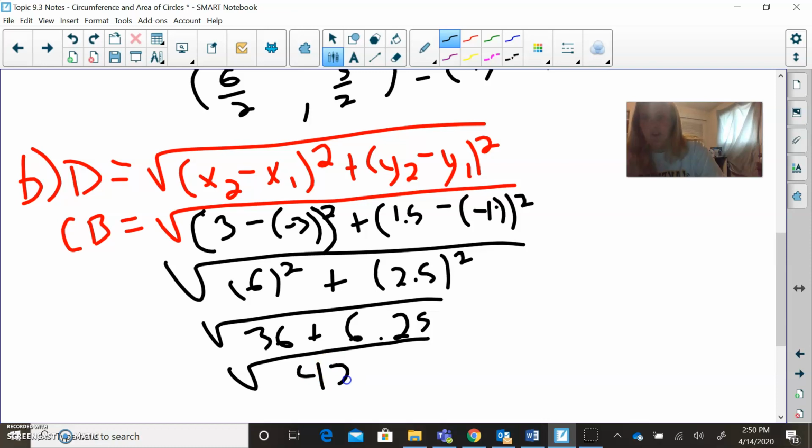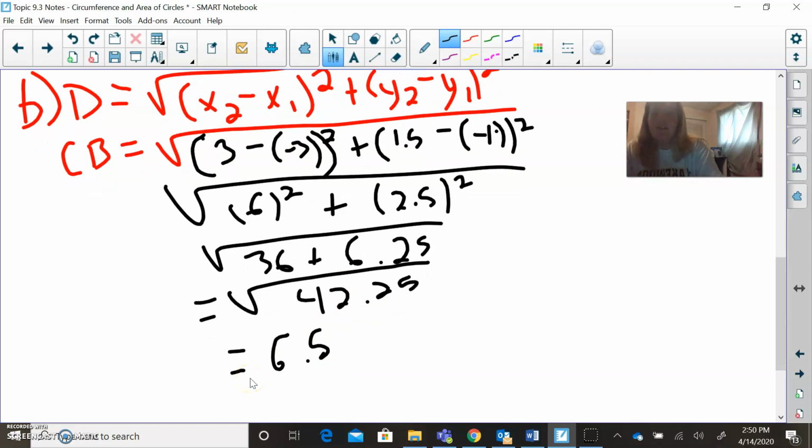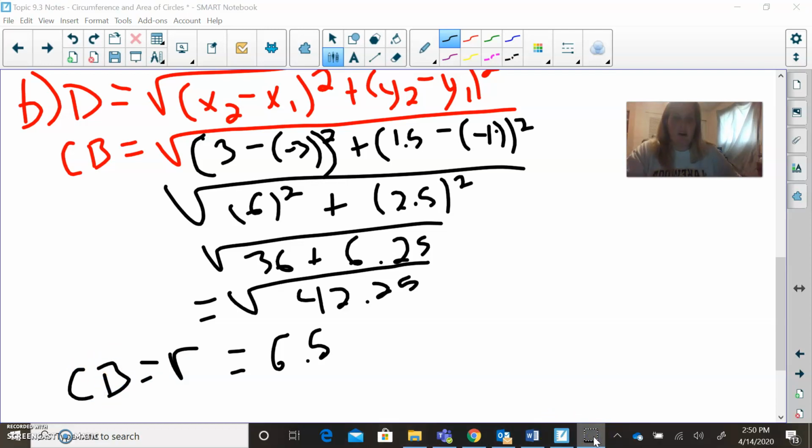It's 42.25. We don't have any rounding rules for this question, so let's round to the nearest tenth. If you take the square root of 42.25, you get 6.5. So the length of CB, our radius, is equal to 6.5.